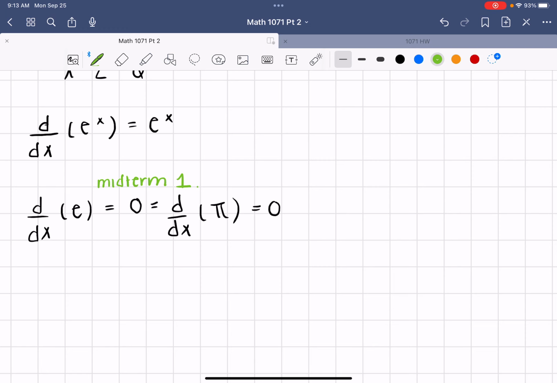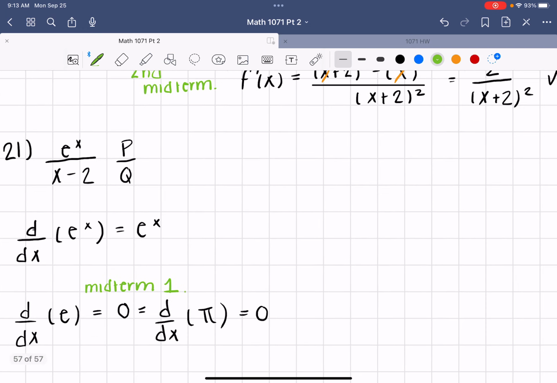So let's do the quotient rule here. Quotient rule says denominator times the derivative of the numerator, but remember, e to the x is this one function that is its own derivative, minus numerator times the derivative of the denominator.